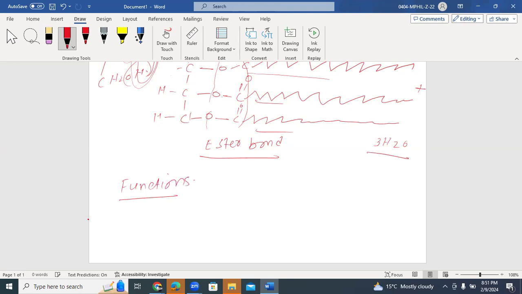Its function is insulation, and it is the reserve form of energy. Reserve form of energy, all right?